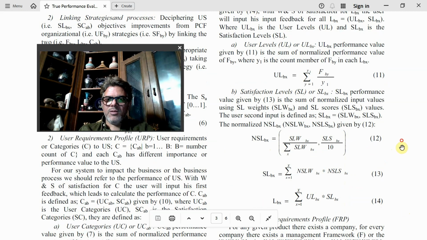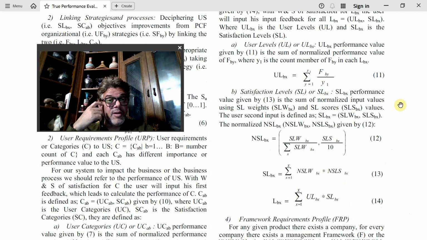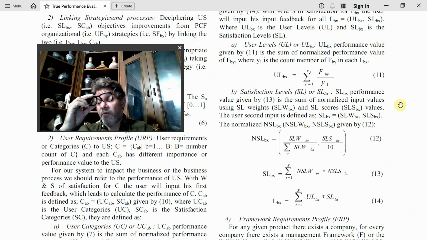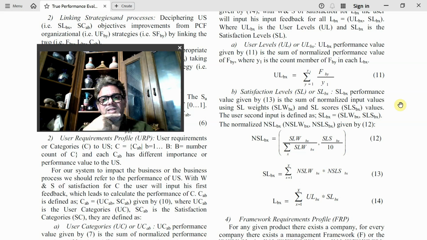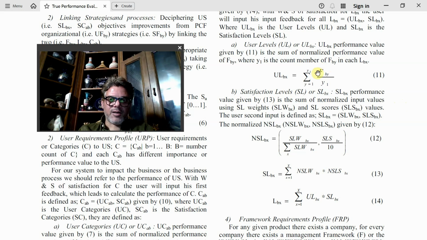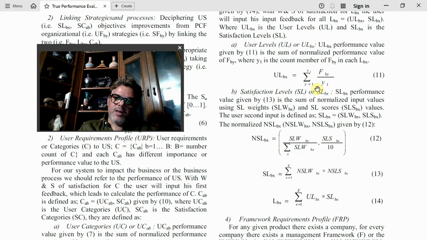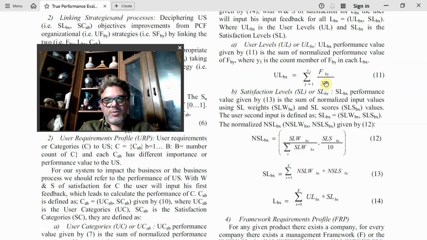The Y1 is the count number of processes in the framework that the user gave satisfaction on. So I will not get the whole 4,000 processes. No, I will get only satisfied frameworks, and I will divide by their number.